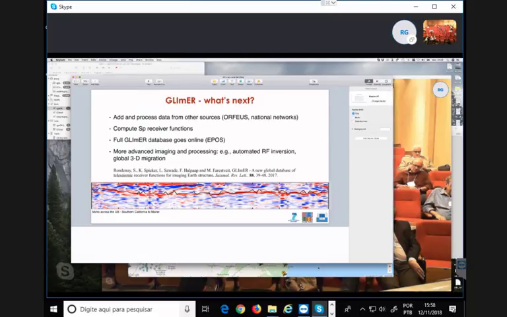And the other one is the multiples that are produced by the water column, which tend to interfere with the conversions from the MOHO, etc. So there's a lot more processing that goes into trying to extract or remove the multiples so that you can get to the MOHO. And that's quite complicated. There's a few methods that exist out there, but you never get images that are quite as clear as the ones on land. So there's some work to do there as well.